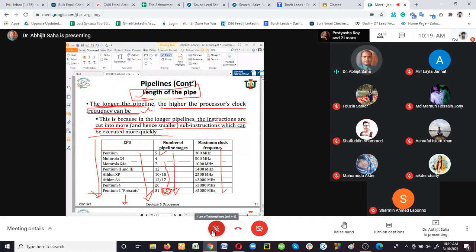If you look at the clock frequency, you'll find that it is significantly improved from top to bottom.